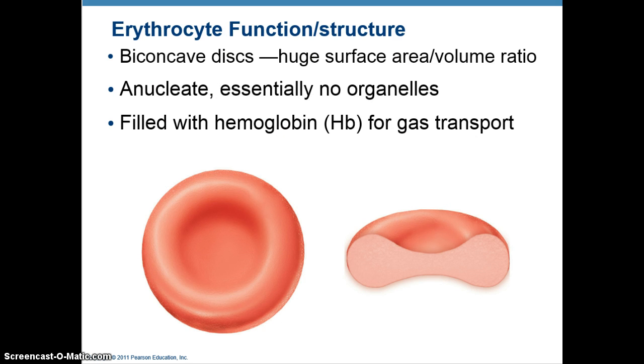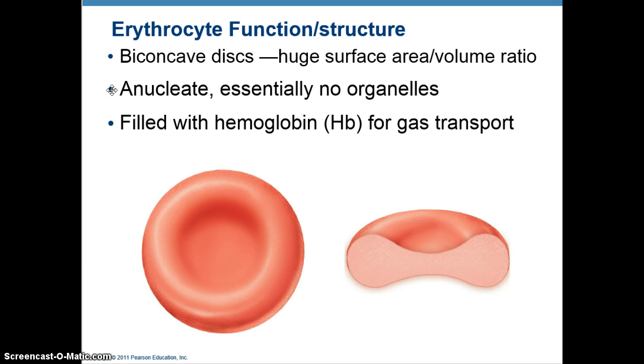The first of the formed elements we are going to talk about are your red blood cells, or erythrocytes. Their job is to carry oxygen, which is what the hemoglobin is for. And in order to enhance their ability to do this, they have two special adaptations. One is that they have dumped their nucleus, and they really have no organelles, so they're essentially just floating bags of hemoglobin.